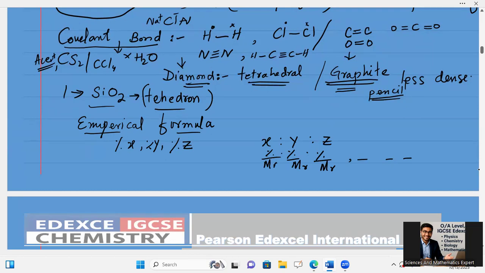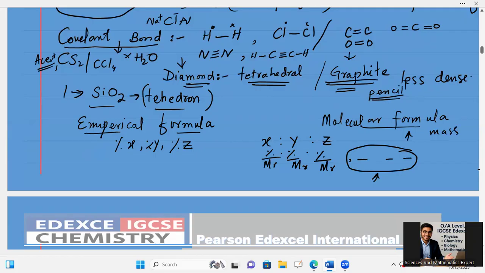And then we will have to go for the molecular formula. The molecular formula mass will be given, and you will take the empirical formula mass and divide the molecular formula mass by it, and you will get the number with which X, Y, and Z should be multiplied.